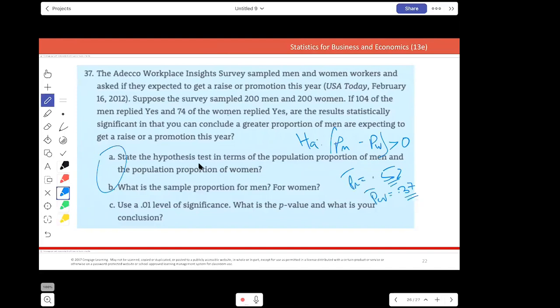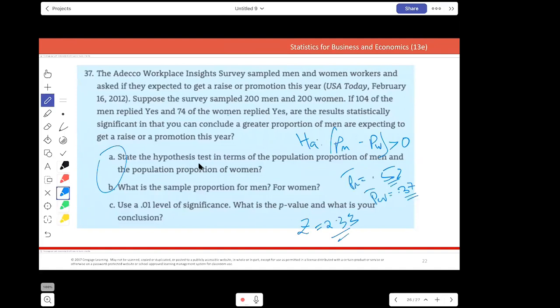This is a one-tailed test because we want the proportion of men larger than that of women. So with 1% in the tail, the critical value will be Z equal to 2.33. You could go and figure that out with 1% in the tail. So the p-value approach is the p-value being less than 1%, or the critical value approach is that the test statistic is larger than 2.33.